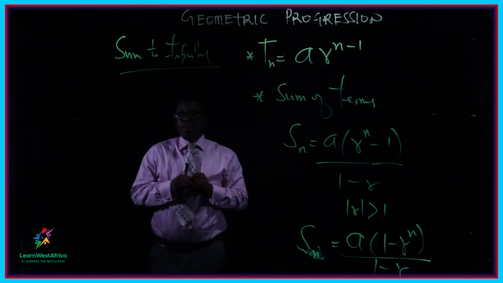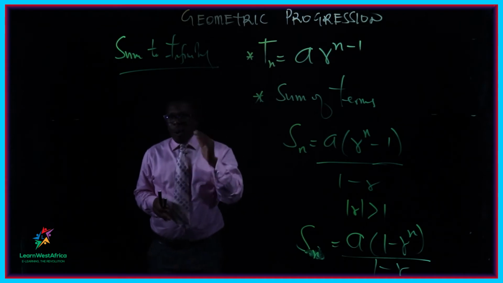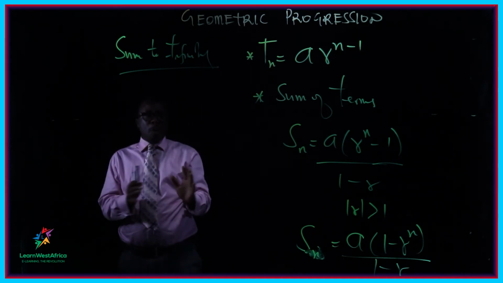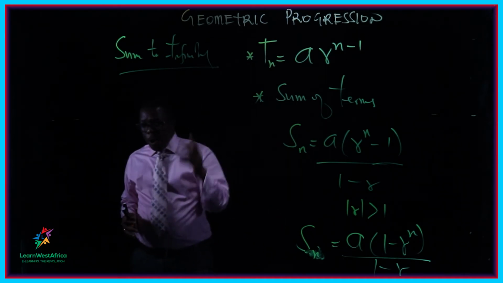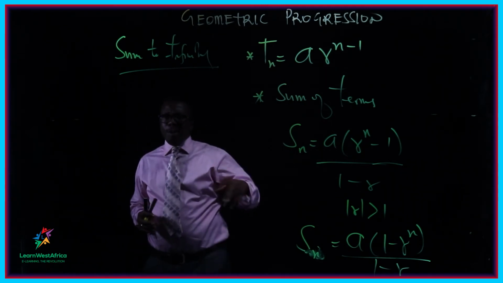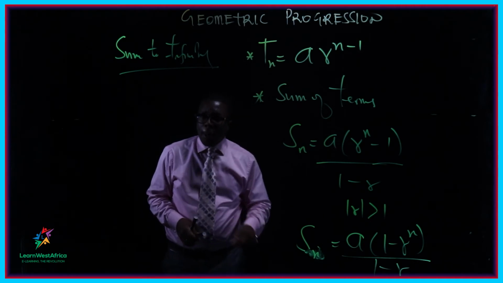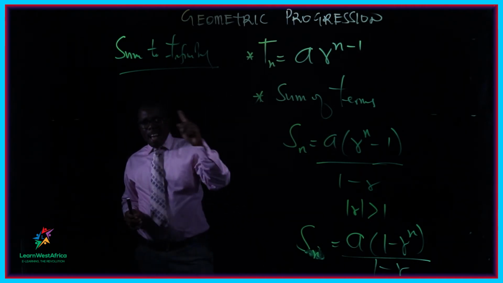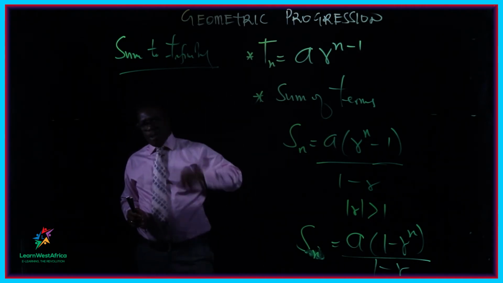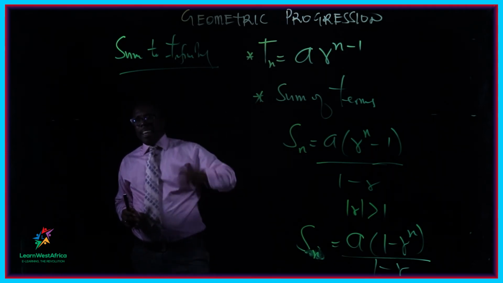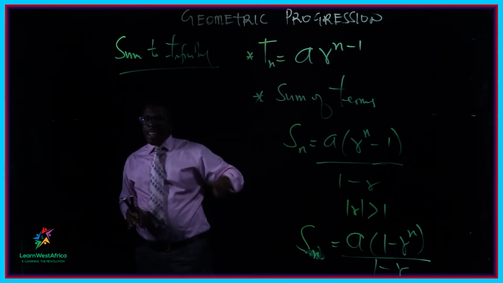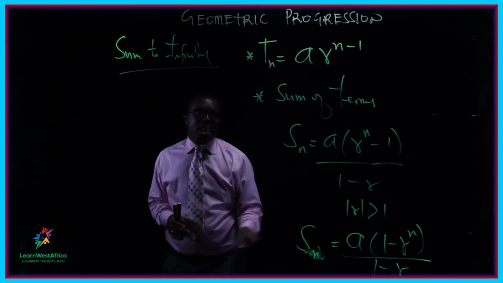Remember, when we say sum to infinity, it is the sum of a geometric progression when the sequence or the series is convergent. When we say convergent, what do we mean? Convergent means that as the sequence goes on and on, it gets to a point where you realize that the change is not so significant.